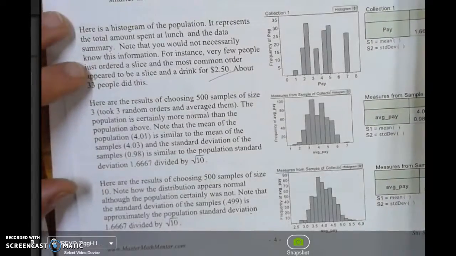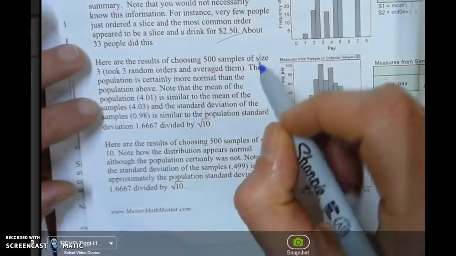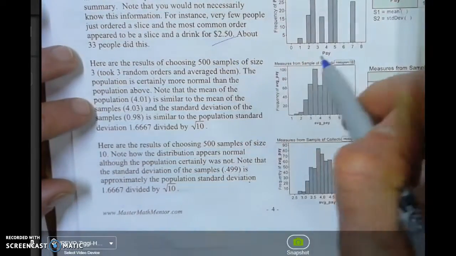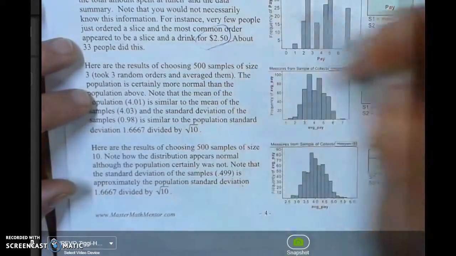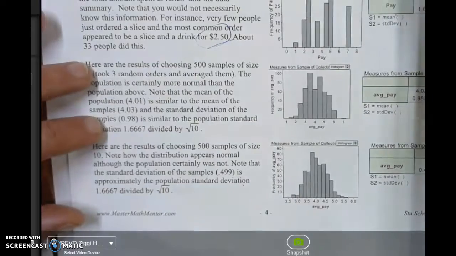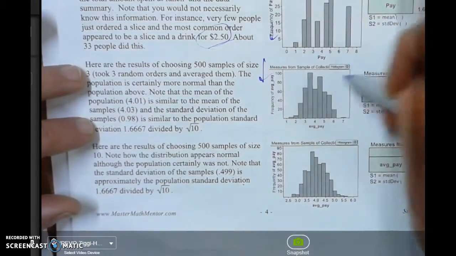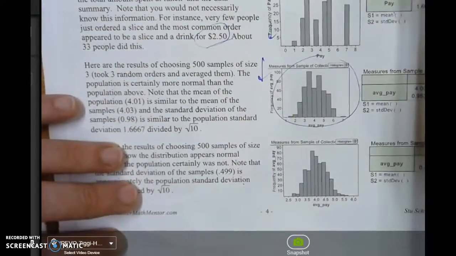So you take a look at this, take a look here, and we take a sample here, which represents a sample only. You can see that 33 people had an order of about 250, but that doesn't really tell us much. We don't have that many samples here. But as our samples increase, this is 500 samples right here. As we take a look at those, this is a larger sample.